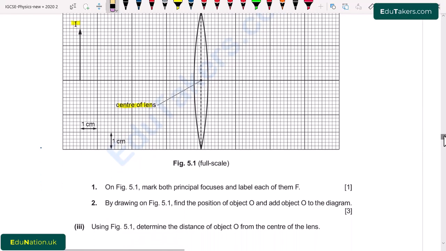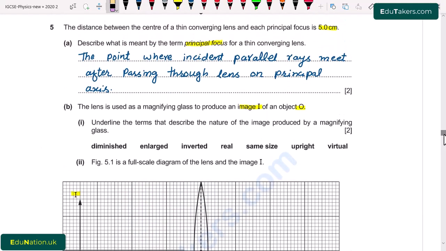Part 1, on figure 5.1, mark the principal focuses and label each of them with F. So here we have to mark the principal focus and label them with F. As we know, the distance between the principal focus and the center of the lens is given as 5 cm.